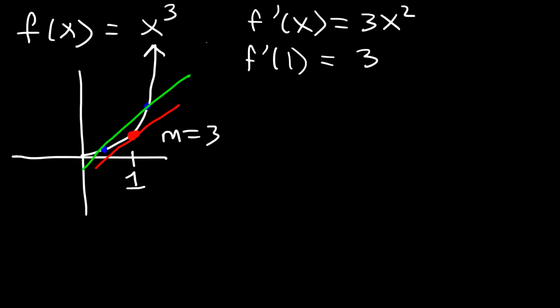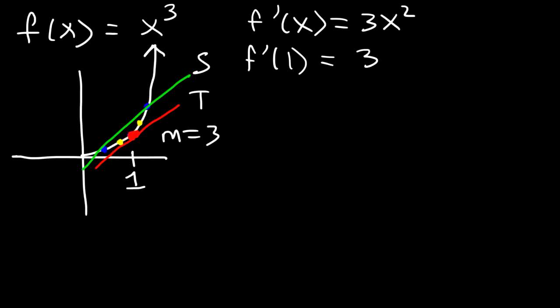So notice that those 2 lines, the secant line, which I'm going to write S to represent secant, and the tangent line, they're almost parallel to each other. So if you choose 2 points that are very close to the point of tangency, which is x equals 1, the slope of the secant line will approach the slope of the tangent line.